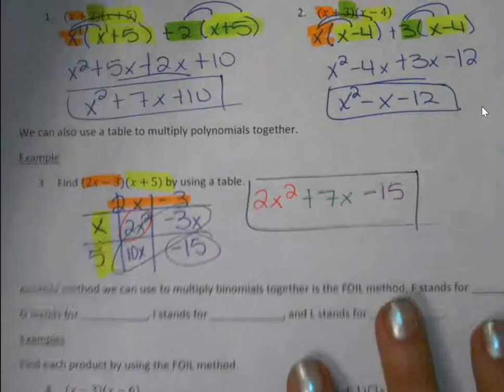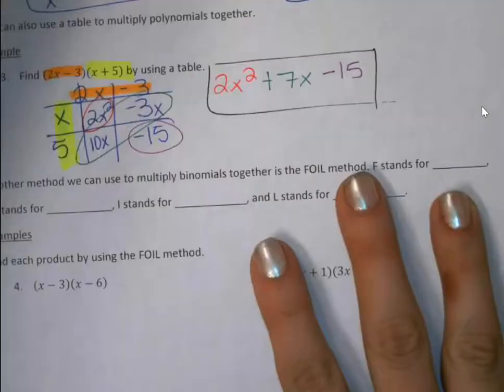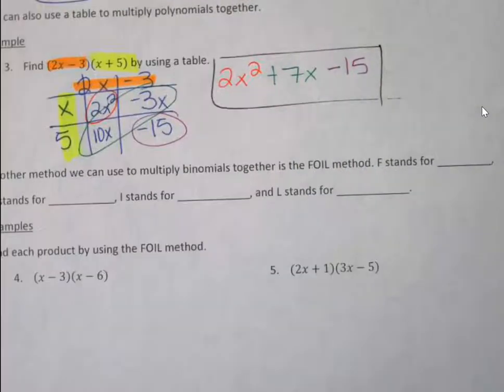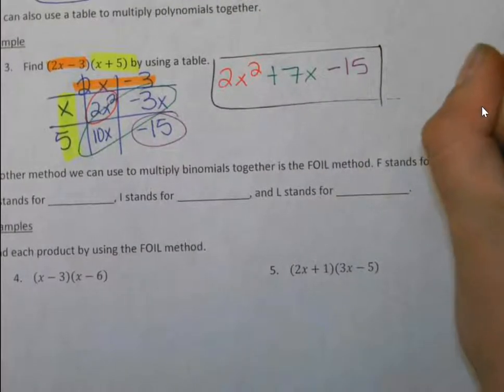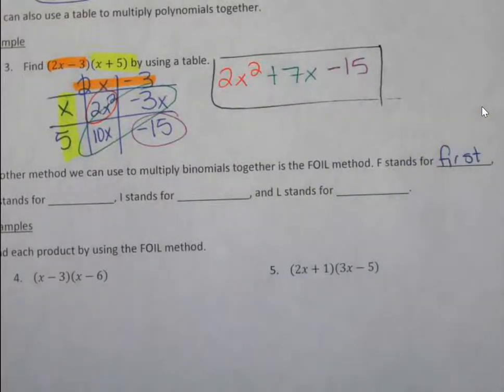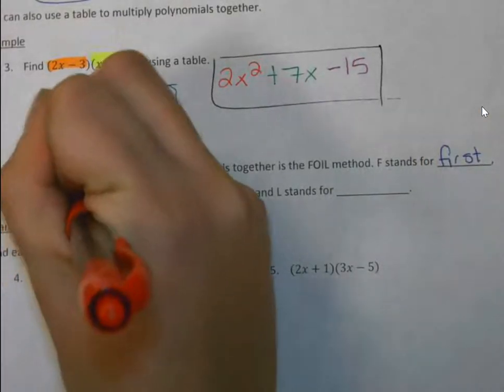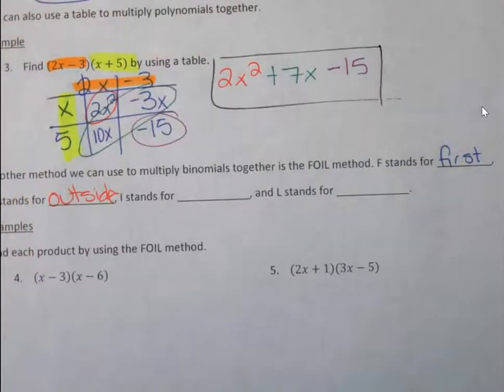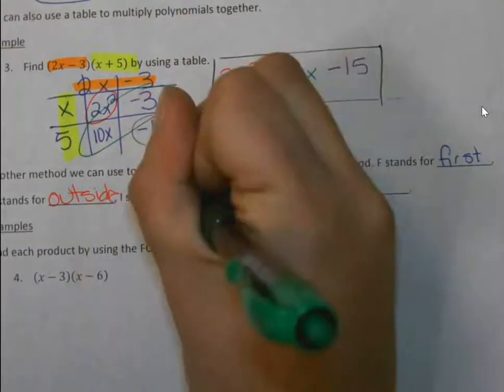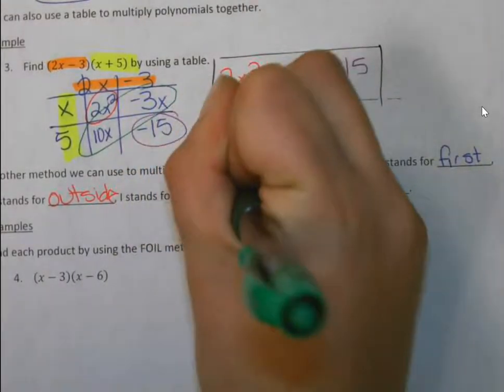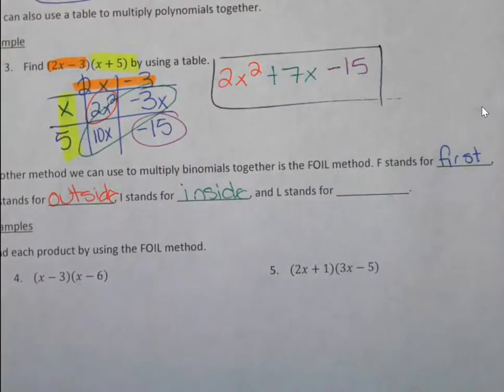The last one is called the FOIL method, and FOIL stands for: F stands for first, O stands for outside, I stands for inside, and L stands for last.